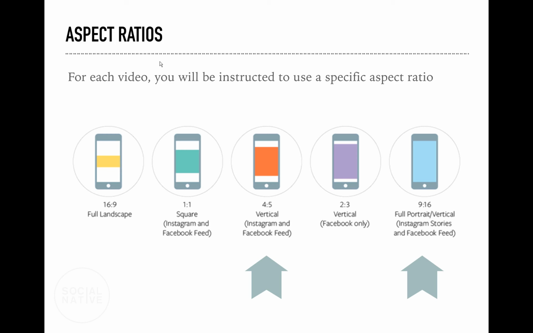Anything from a 16 by 9 to a 9 by 16. What we have found here is the most common ones that we'll be working with are a 4 by 5 and a 9 by 16 aspect ratio. The reason being is these are the best that will be optimized for the specific placement that they're in, and they take up the most amount of real estate possible.